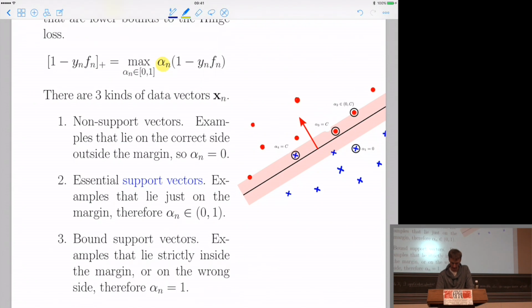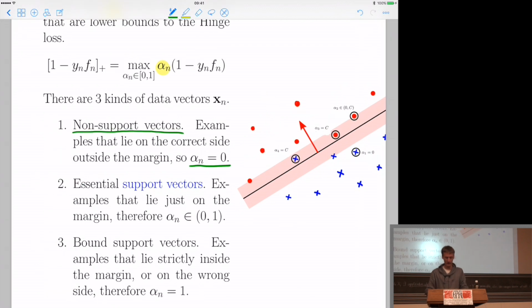Okay, so let's start with the alpha equals 0 guys. What does it even mean? These are actually called the non-support vectors. You can imagine that on this slide we're going to get to the name of this thing, why it is called the way it's called. But let's start with the points which are completely correctly classified, like this one, for example.